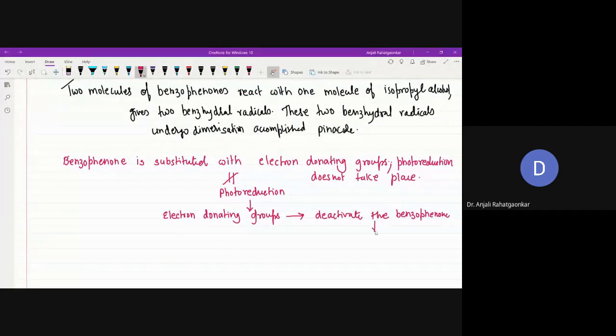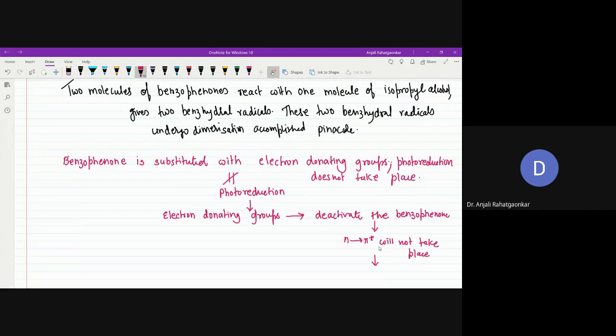Due to that, n-pi transition will not take place. How it is deactivated? These are the couple of reasons I am explaining.